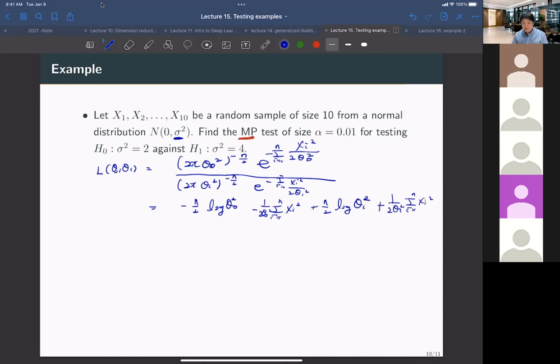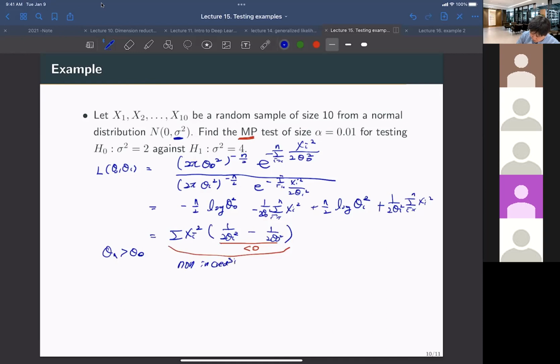This should be plus. Okay, so we consider the function of xi: sum of xi square times 1 over 2 theta 1 square minus 1 over 2 theta 0 square. If theta 1 is greater than theta 0, then this is negative. So we have a non-increasing function with respect to T of x equals the sum of xi squared.